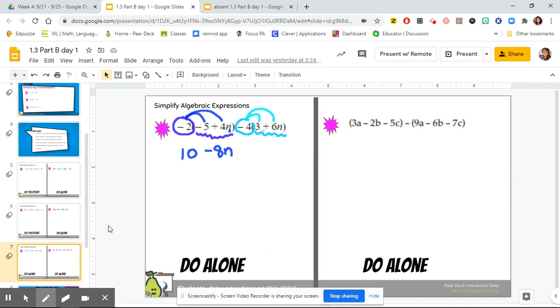So -4 and +3 multiplies to -12. And -4 times positive is a negative. We notice that 4 times 6 is going to be 24. And there is a variable, so I'm going to carry down that n.